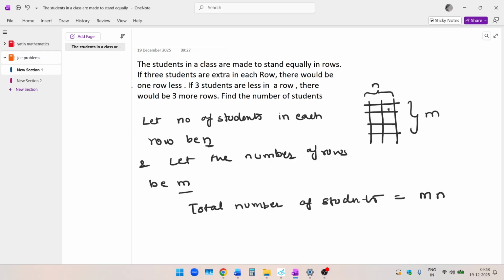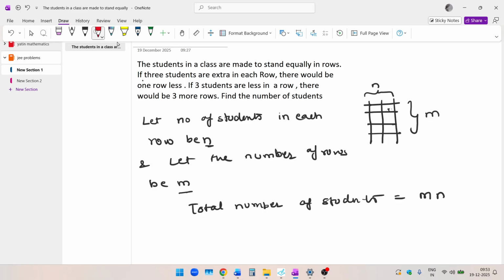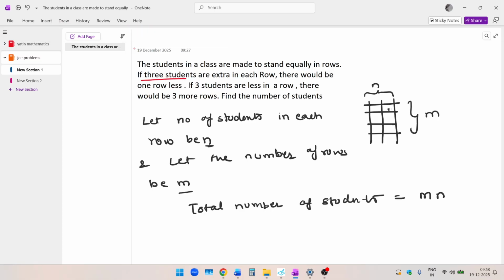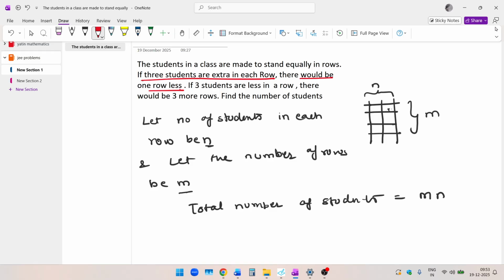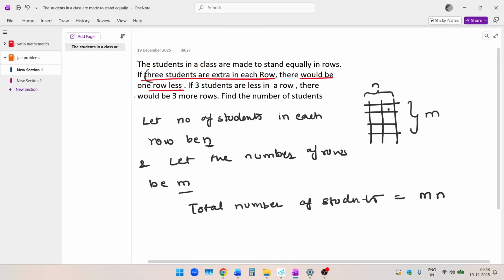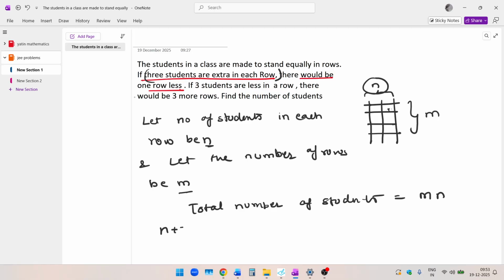And now let's put the conditions, whatever conditions they have given. First condition: if three students are extra in each row, there would be one row less. So this means the number of students in each row, n, will increase by 3.